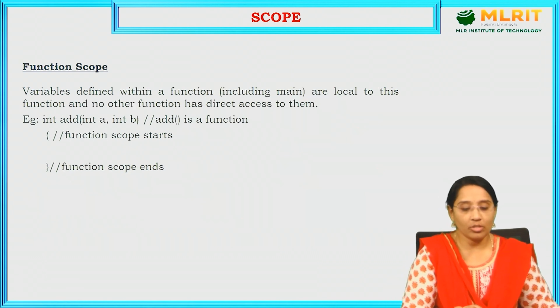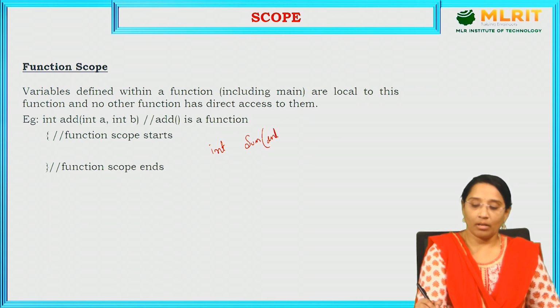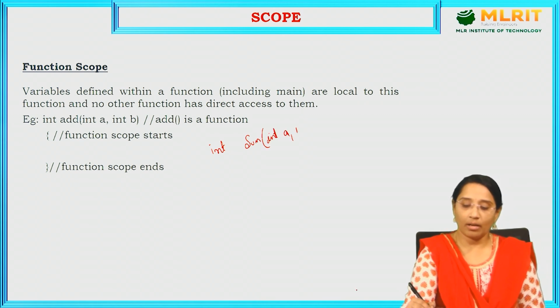Next, function scope. Variables defined within a function, including main, are local to this function and no other function has direct access to them. See the example, int sum, int a, comma int b.